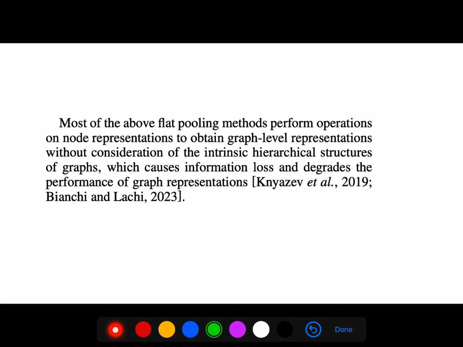Most of these flat pooling methods perform operations on node representations to obtain graph-level representations without consideration of the intrinsic hierarchical structures of the graph, which causes information loss and degrades the performance, because they are ignoring topological information, which is all about graph theory, spectral graph theory, effective resistance, graph random features, personalized PageRank, many ideas there are.